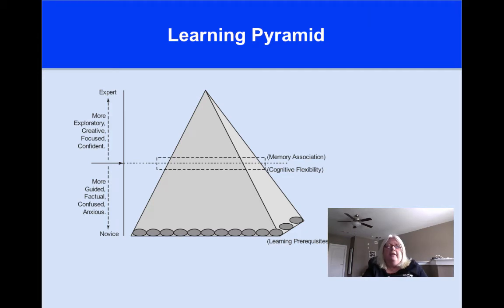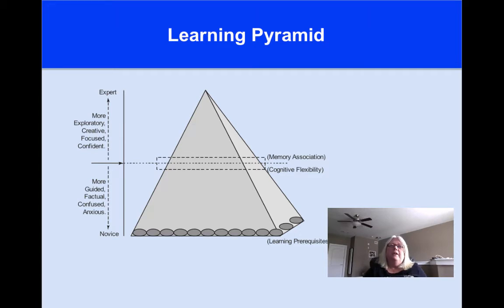So training, as we talked about, is intended to increase the expertise of a trainee in a particular area. So it's very useful to consider the person's level of expertise before the training starts, and then also during the training process. So a novice learner, as shown by this learning pyramid, may easily get confused or anxious.